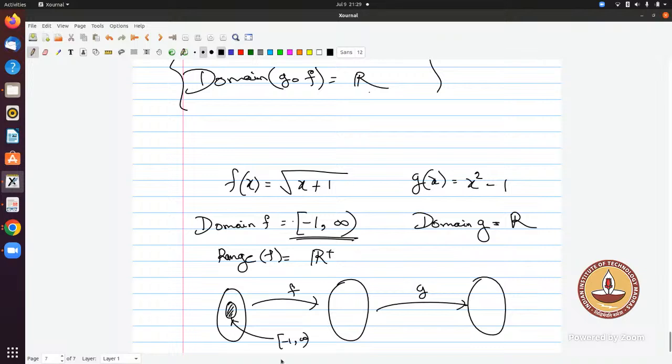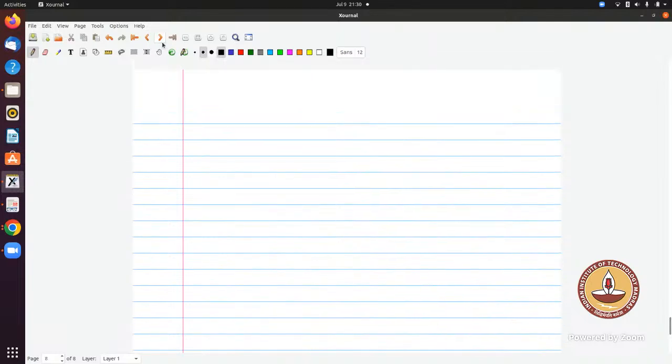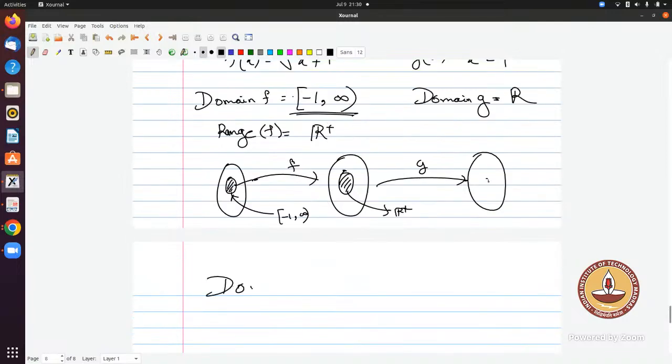Whatever input comes, the output will be inside R plus. Now g is defined on whole R, so it will obviously be defined on R plus, right? So g composition f is defined, and the domain of the composition function is basically -1 to infinity. Is this question clear to everyone?